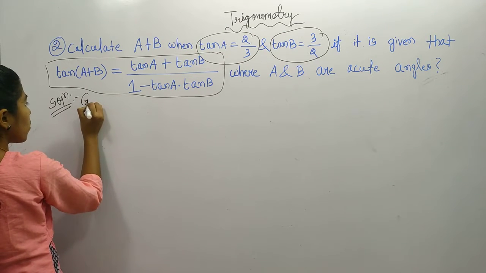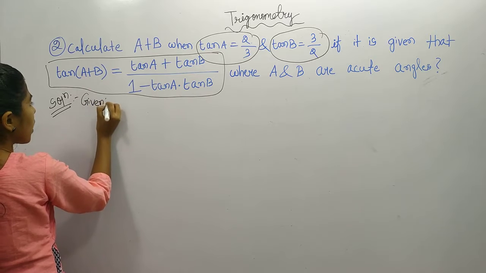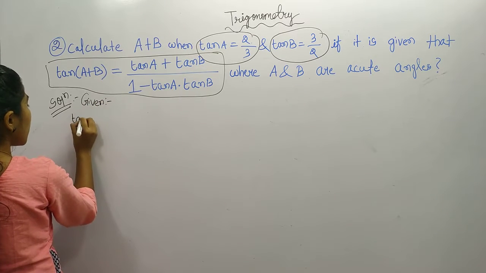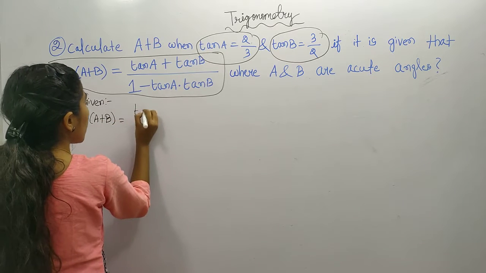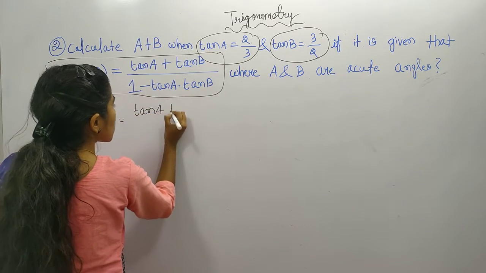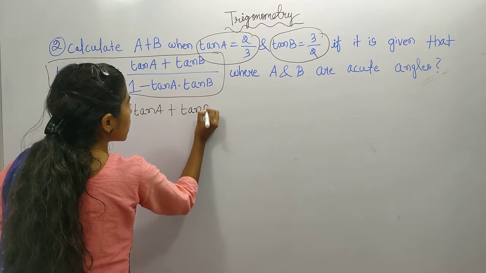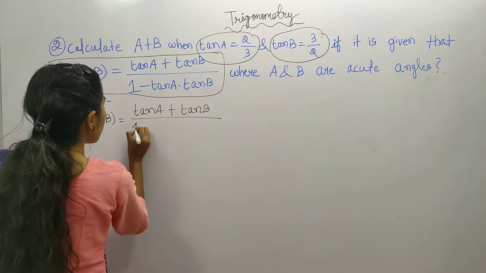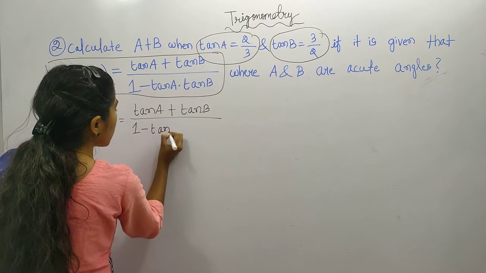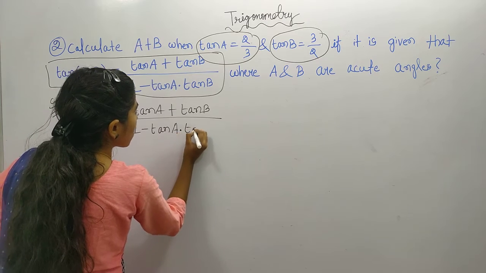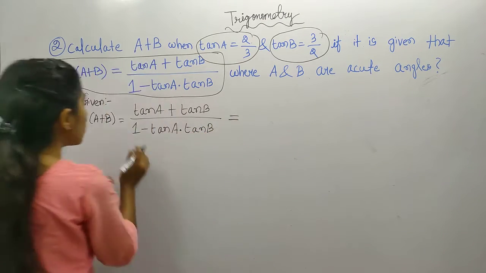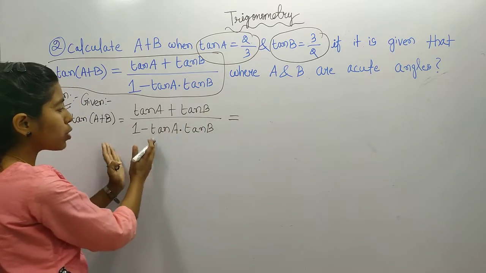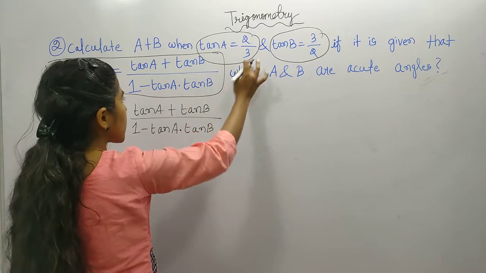So what is given? Given tan(A plus B) equals tan A plus tan B divided by 1 minus tan A into tan B, right? Now you only have to put the values of tan A and tan B. What is tan A? 2 by 3.